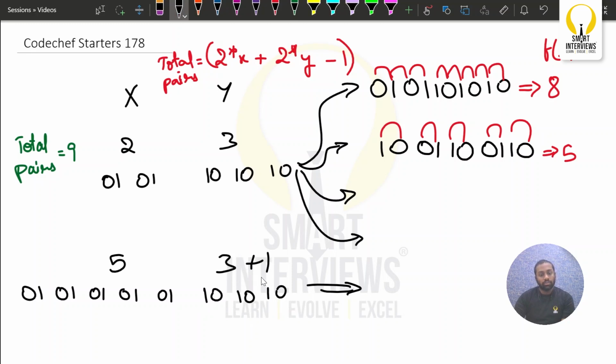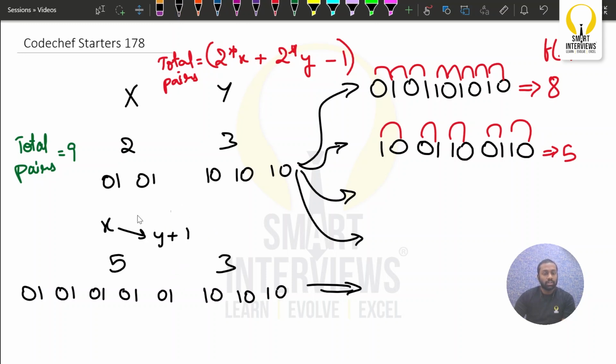Plus one of that, that is 4 01 strings, would make it alternating in nature. It can also be two. So it is something like either x should be y minus 1 or y plus 1 to make it alternating in nature.